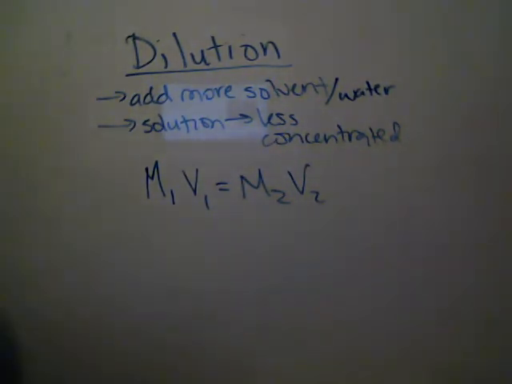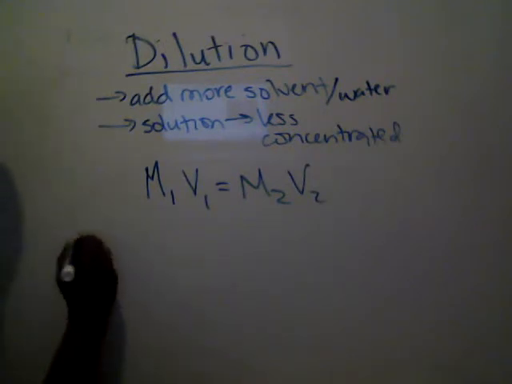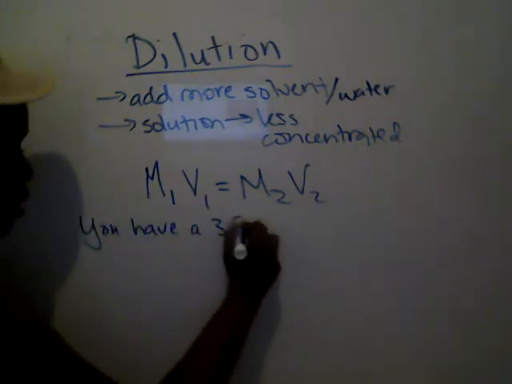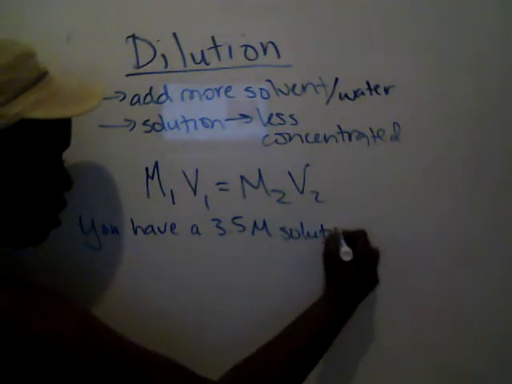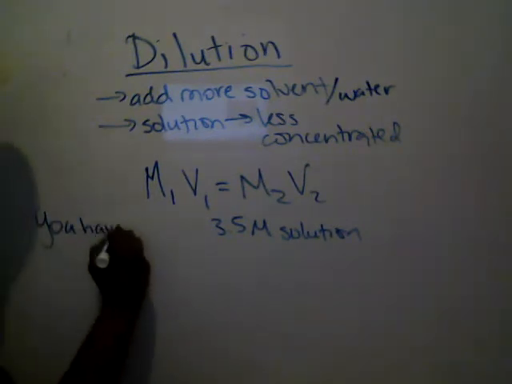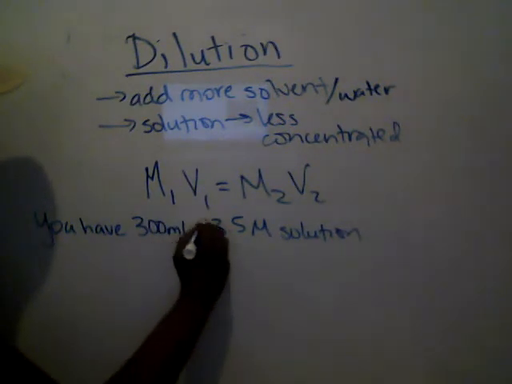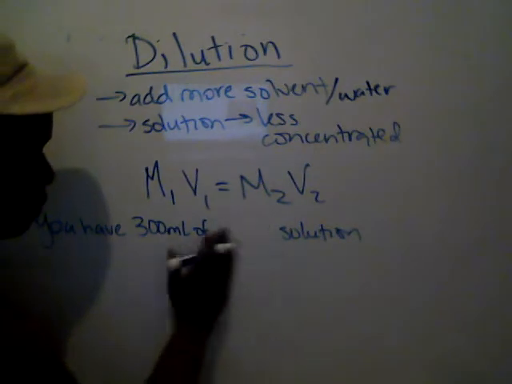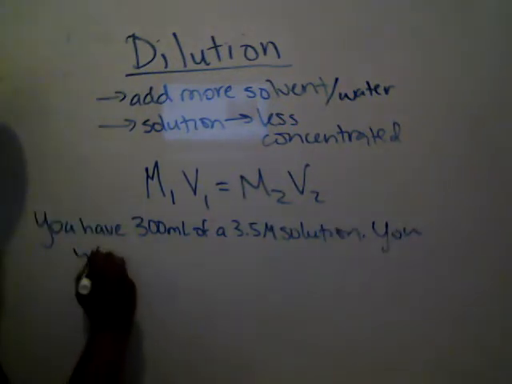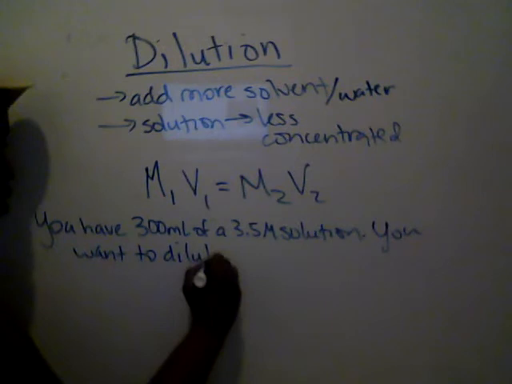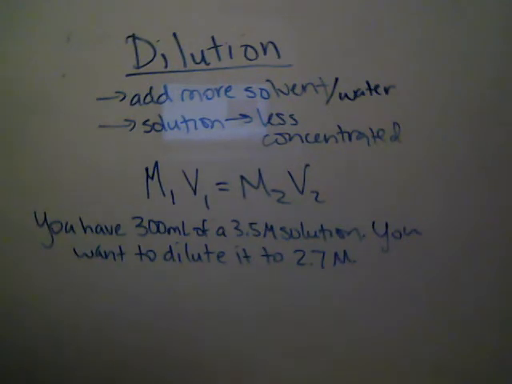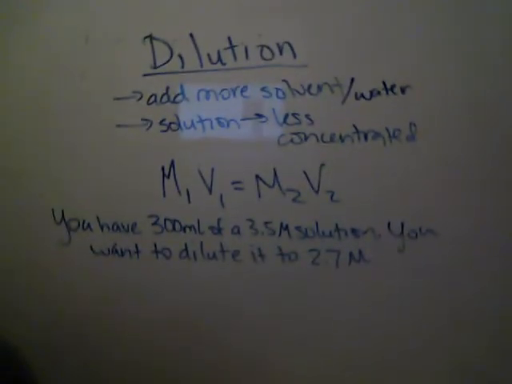So the way that this calculation could work is, let's say we have a solution that has, so I'll write it out. Okay, so we would have something kind of like this.